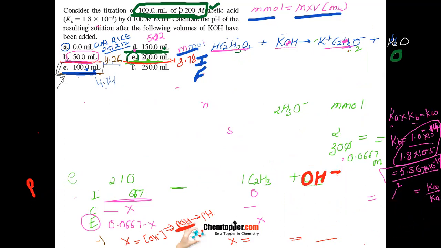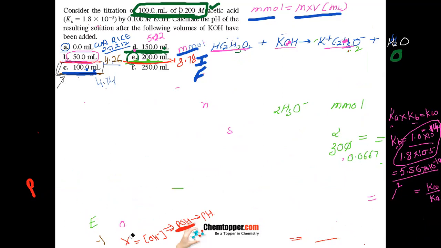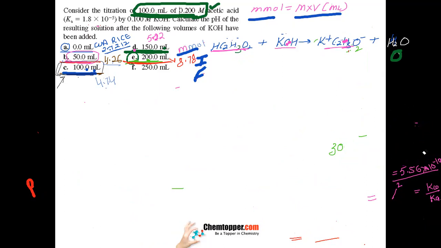It's a very big question, but it's going to give you a good review of how to calculate pH of a buffer solution, how to calculate pH of a salt, how to calculate pH of a weak acid or weak base. It's the review of everything we have done. And you will see in the review classes, I will do a similar type of question again. Review of the AP classes will be done in the month of March.